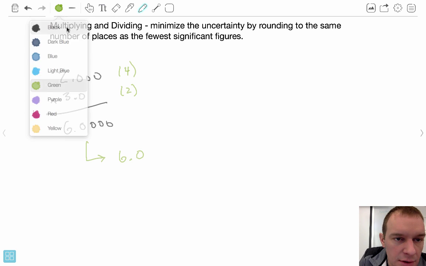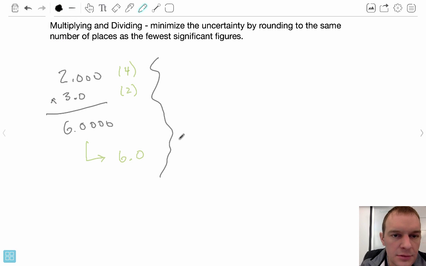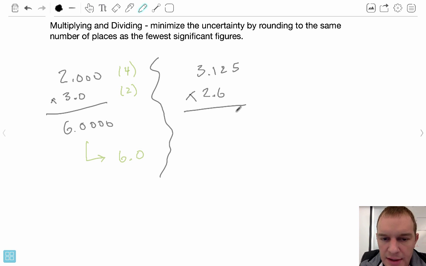Okay, let's take a look at another example. Pick something a little bit different. Let's take 3.125, and we'll multiply that by 2.6. Okay, now I can't do that off the top of my head, so I got my calculator out here. And so we have 3.125 times 2.6, and I get 8.125.